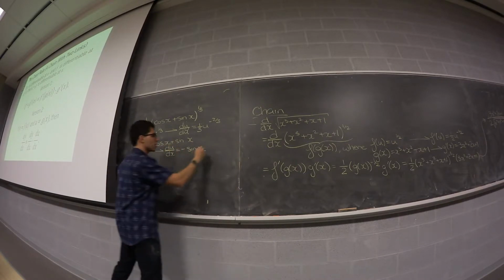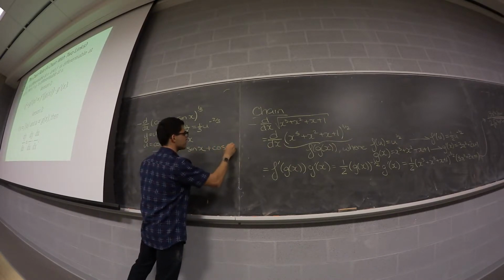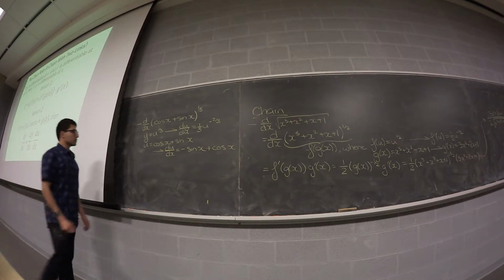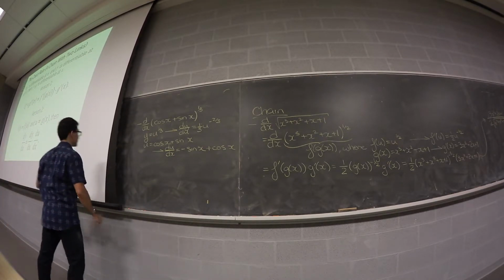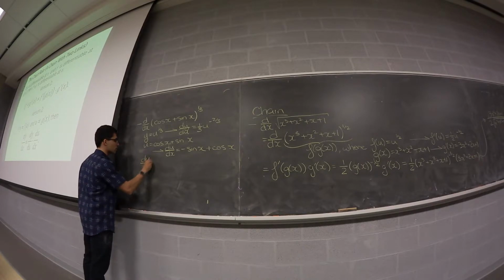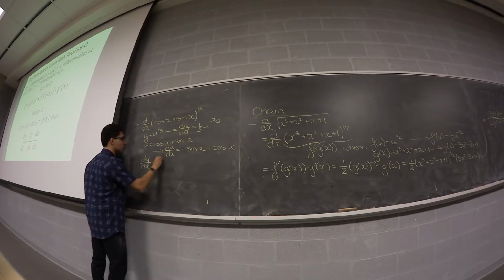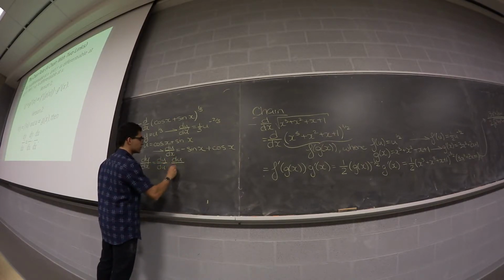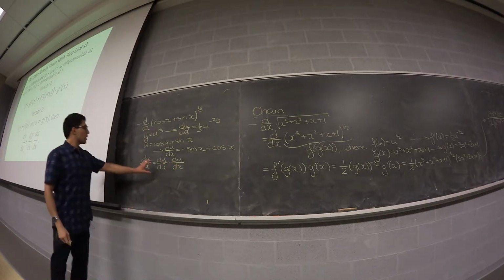The derivative of sine is cos. There you go. Now you just plug in. dy over dx is equal to dy over du times du over dx. And you just plug in.